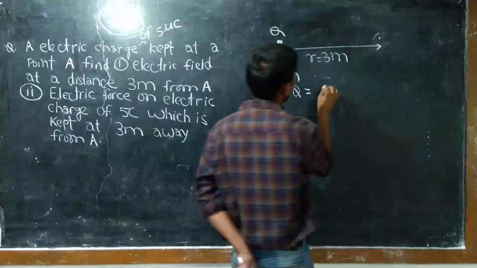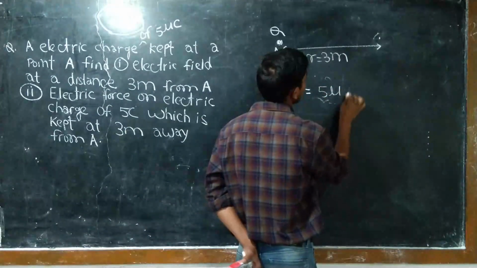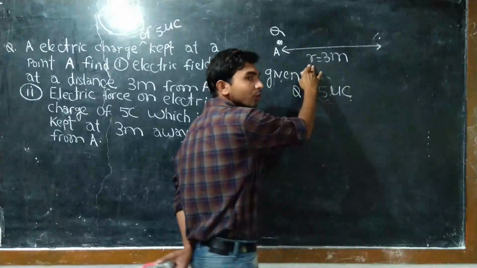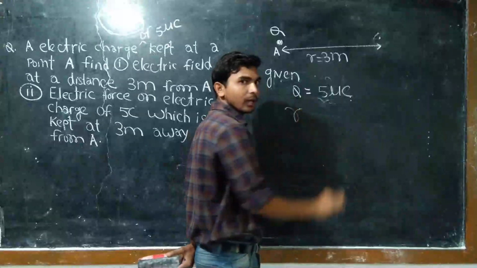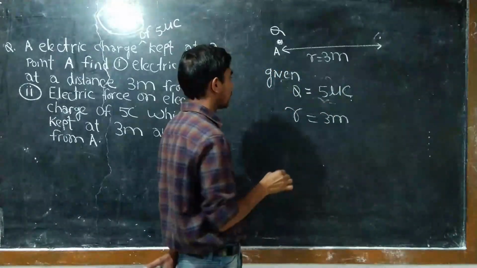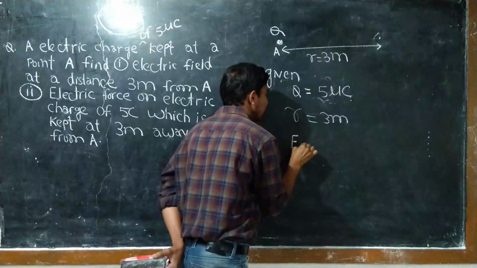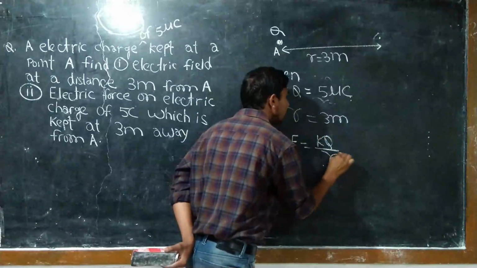So Q is given, and the value of Q is 5 microcoulomb. One more thing is also given: R is 3 meter. These two things are given, and we have to find the electric field. You know the formula of electric field: E is equal to KQ by R square.